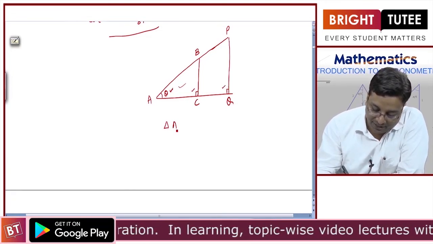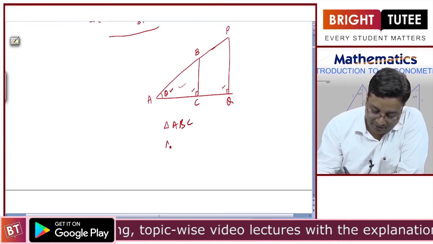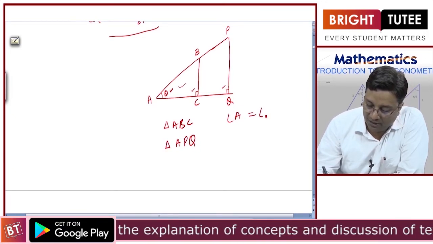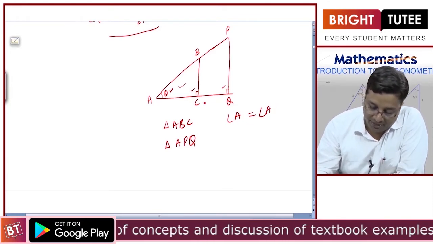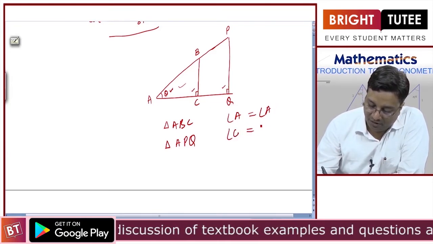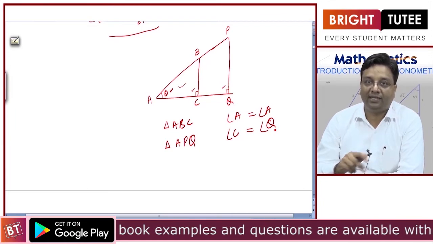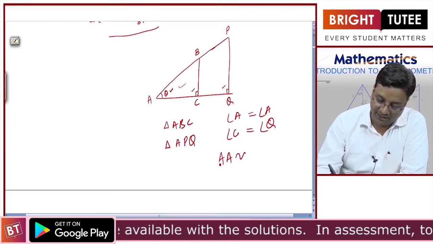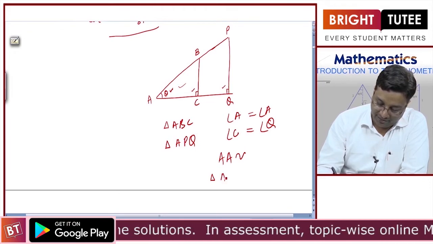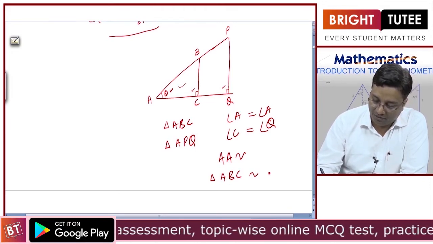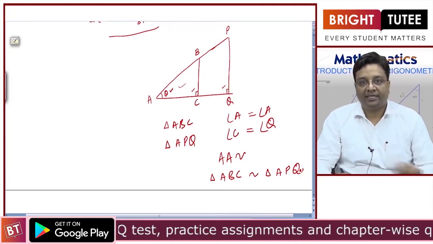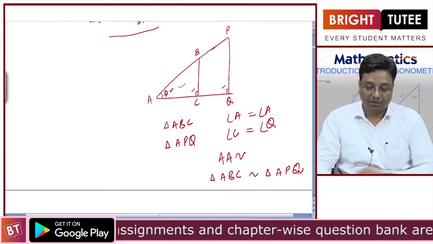In triangle ABC and in triangle APQ, angle A is equal to angle A, which is common, and angle C is equal to angle Q. So two angles are equal. Hence, by angle-angle similarity, we can say that triangle ABC is similar to triangle APQ, right? So let's see the ratios now.